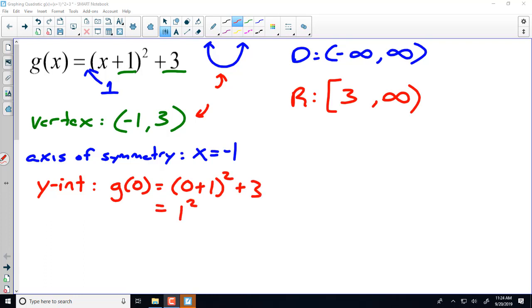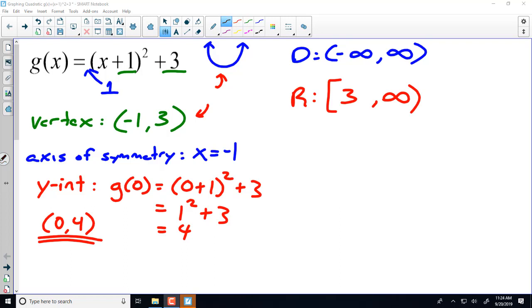It actually becomes 1 squared plus 3. 1 plus 3 is 4. So one might say, where did that come from? I don't even see a 4 in the original equation. But just remember, the y-intercept is (0, 4), because the way you find a y-intercept is not looking at a number at the end, but by plugging a 0 in for every x value and seeing what comes out.